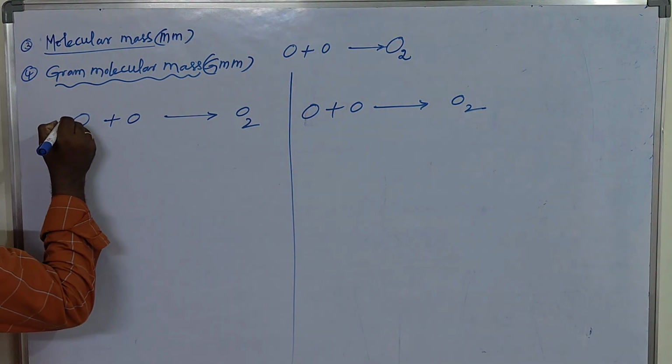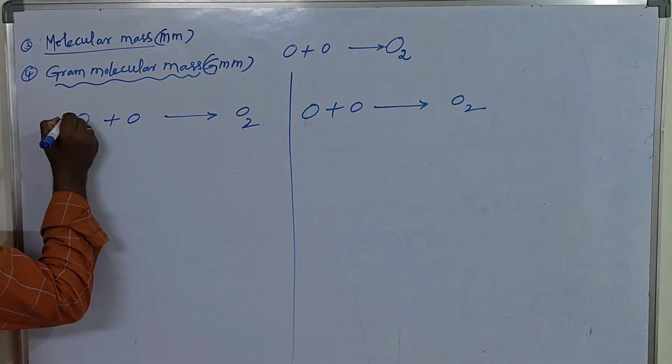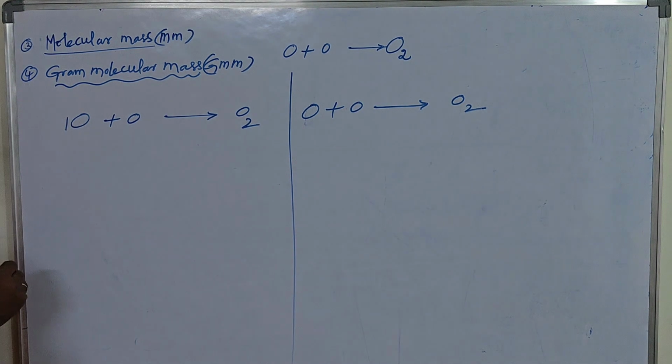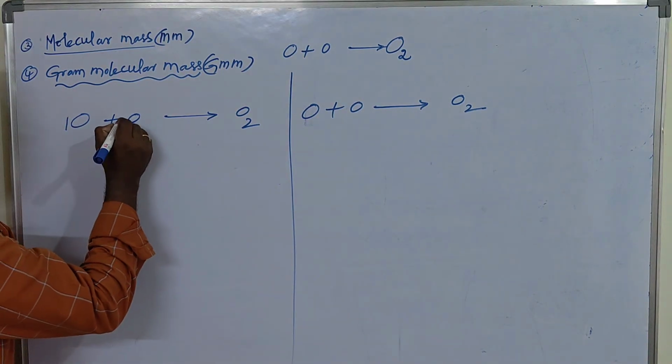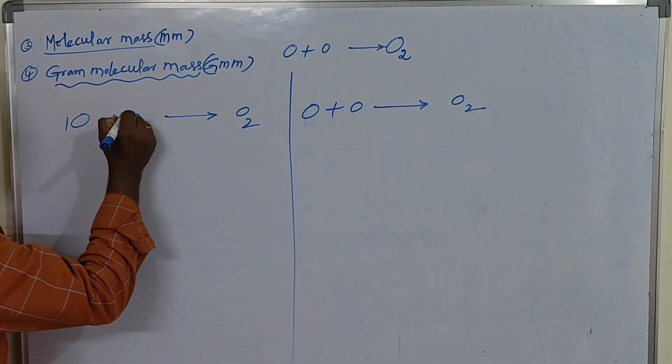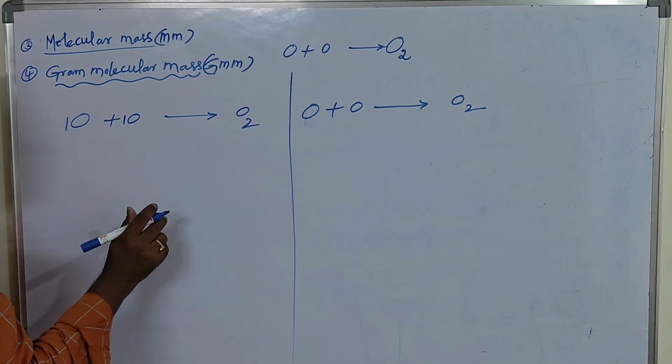Here, what is the meaning of this? This is 1 mole of oxygen atom. In the equation, here coefficients are there. Here nothing is there, which means 1 mole of oxygen atom.